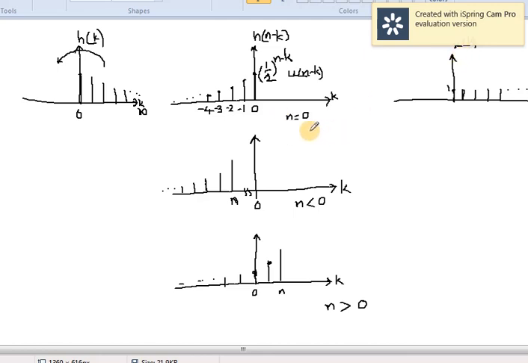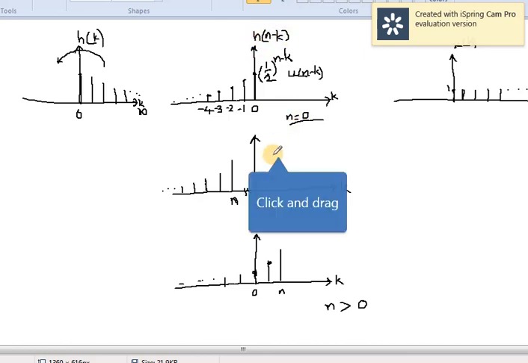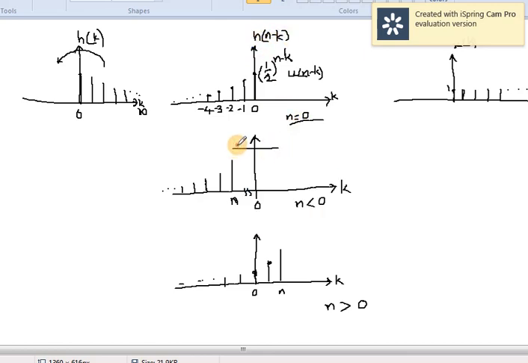The value of n is moving; we can take n as positive or negative. Right now it is 0 here. If n is less than 0, then this h of n minus k signal moves towards left. And if n is greater than 0, then this h of n minus k signal is shifted to the right.